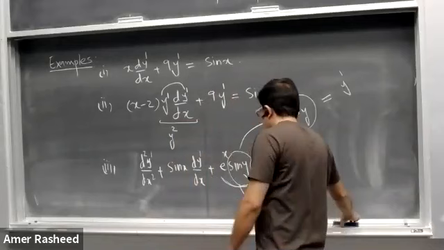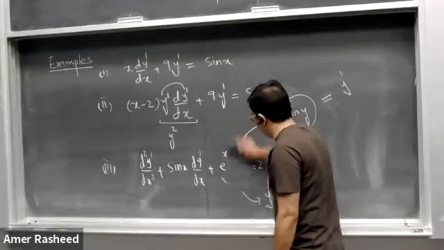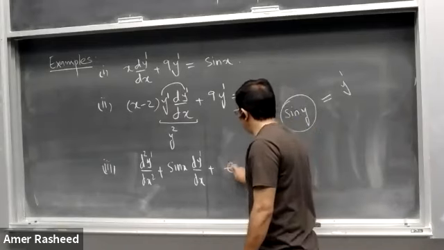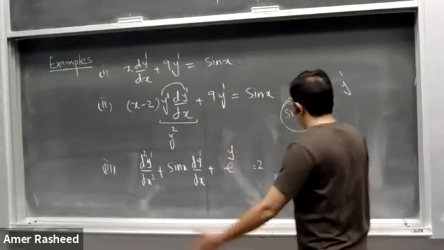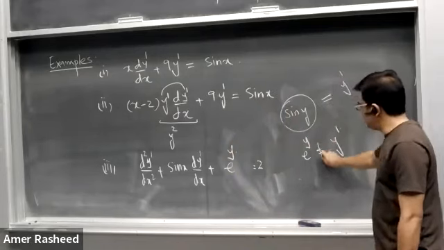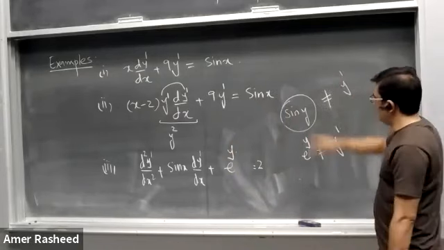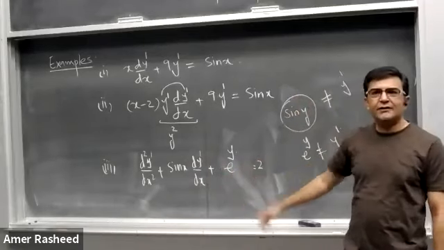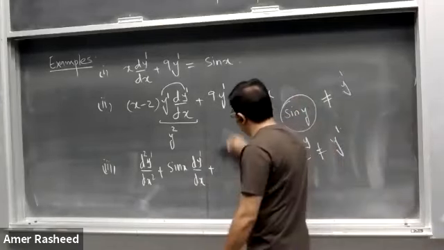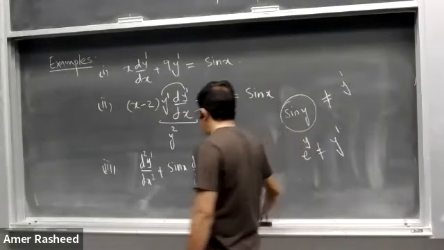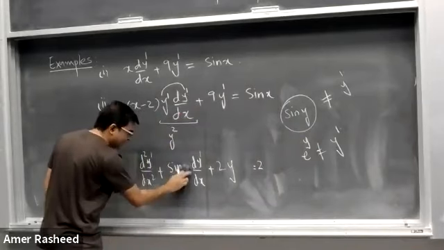Even if you have e raised power y here, e raised power y is not equal to y power 1. Is this equal? No, this is not equal. So it is non-linear. Even if you have y here, for example, y and maybe 2y, and you have sine y.